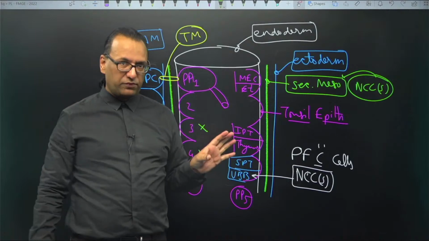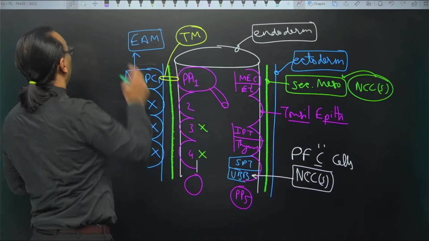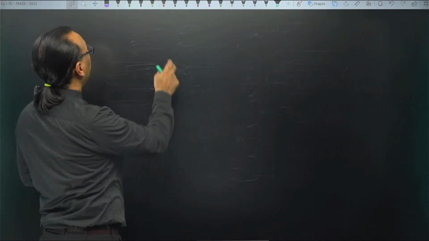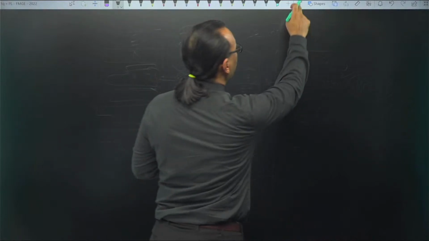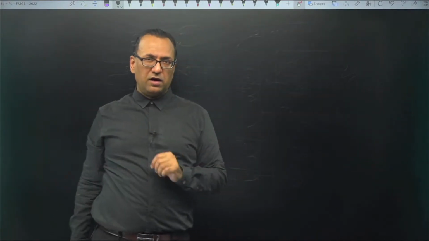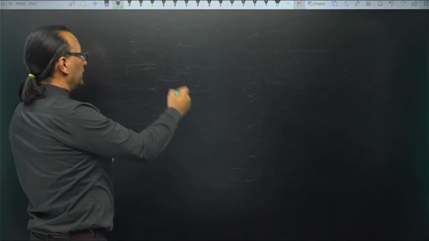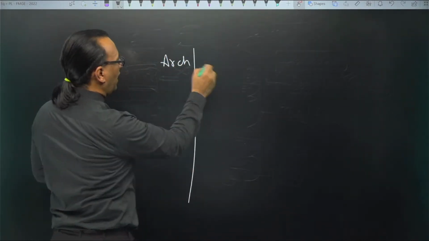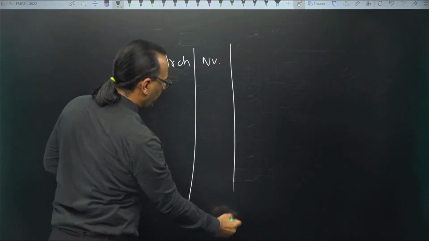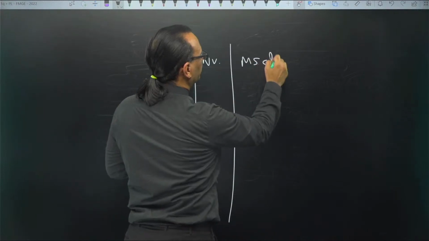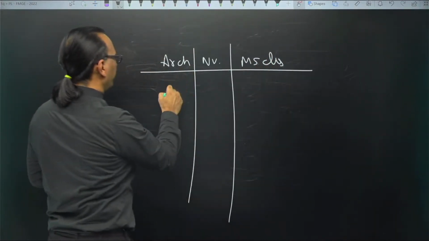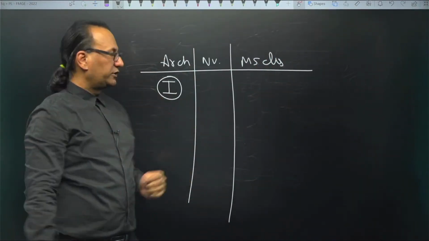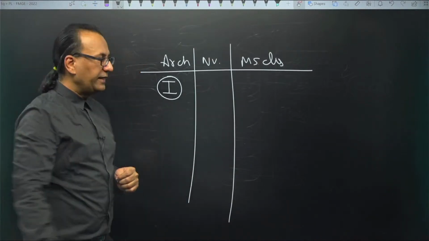Let us make a table for the same and there we can revise some of the details which I believe will be helping you in the next coming exam. Here we will be putting a table showing the arch, corresponding nerve of the arch and the muscles developing. And if you talk about the first pharyngeal arch, you already have suggested they will be muscles of mastication.